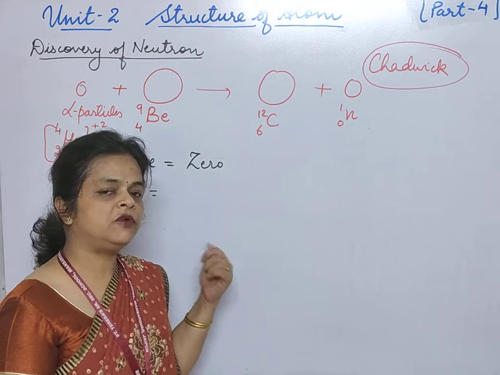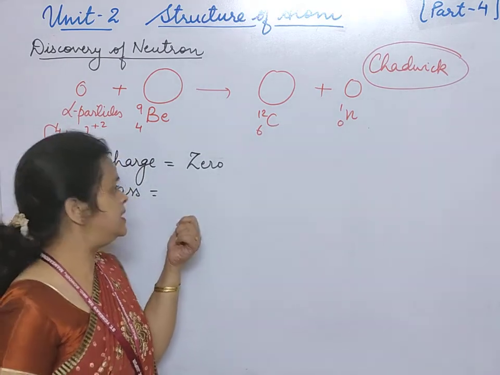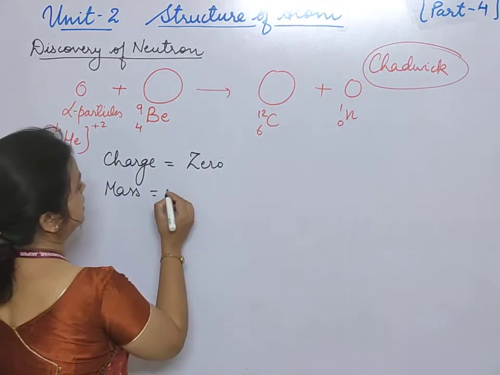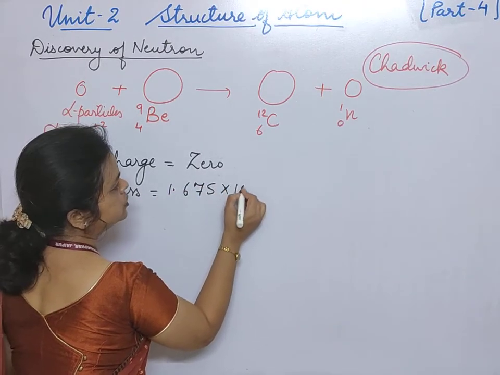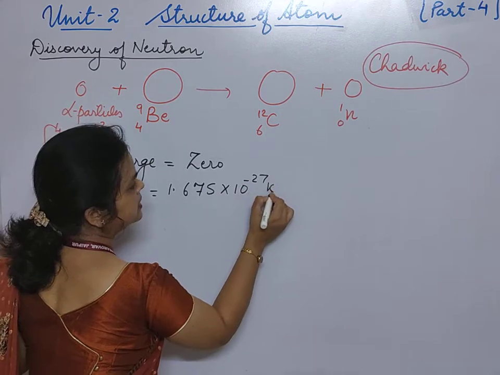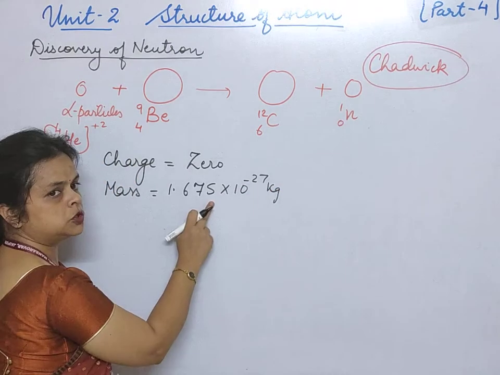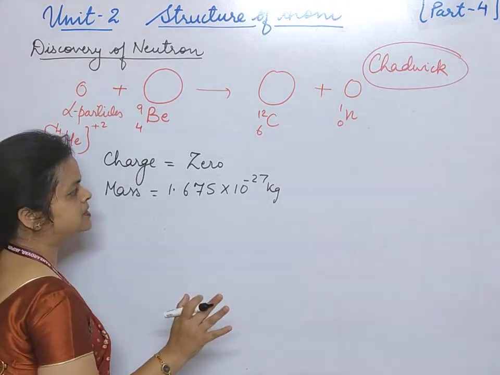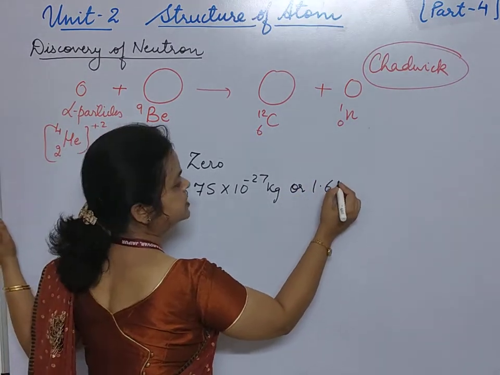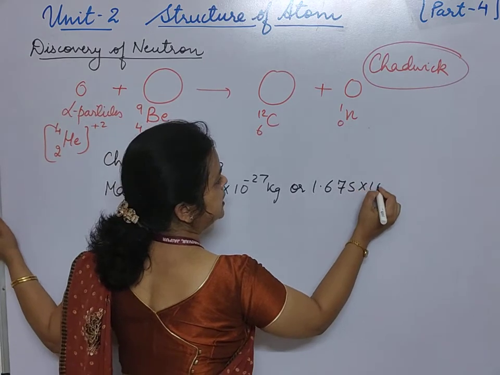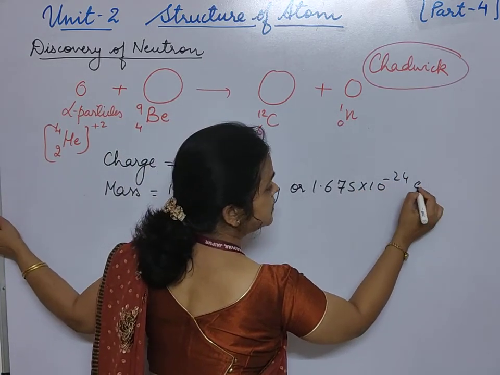The proton was having 1.672, but here it is slightly higher, 1.675 into 10 to the power minus 27 kg, or you can write in terms of grams, 1.675 into 10 to the power minus 24 grams.